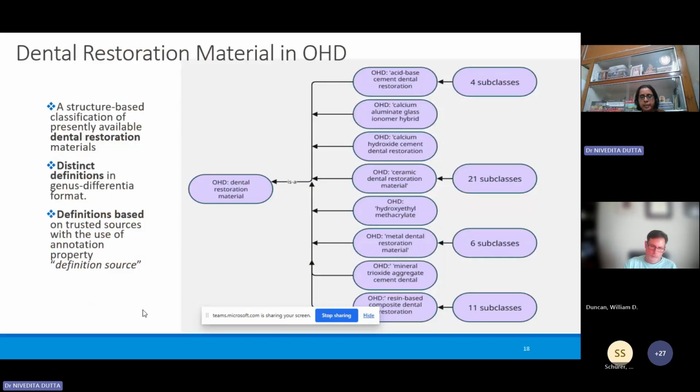So these are the classes and subclasses of dental restoration material. The result is a structure-based classification of presently available dental restoration material. We provided distinct definitions in genus-differentia format, and the definitions were based on trusted sources, using the annotation property definition source.